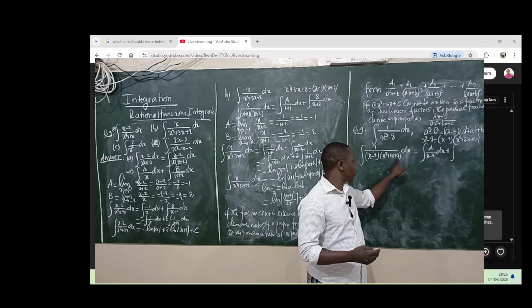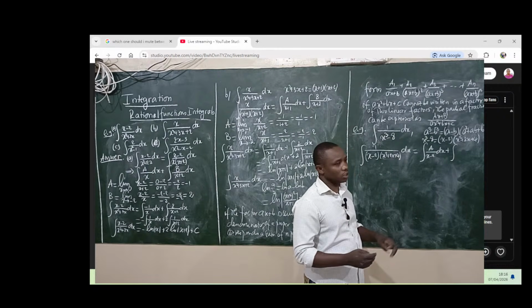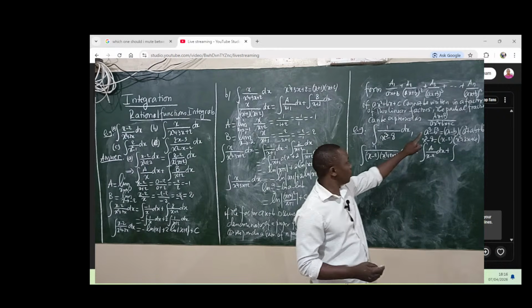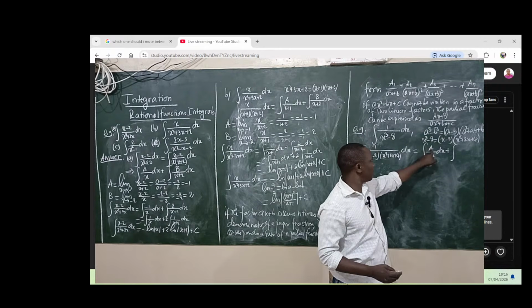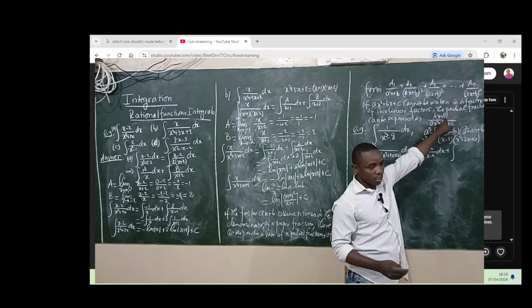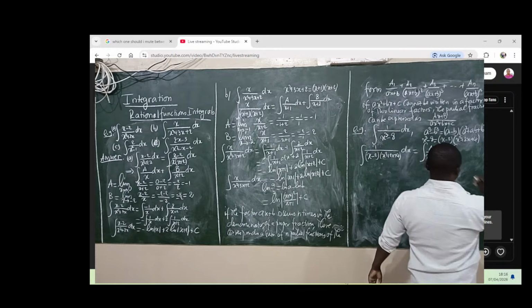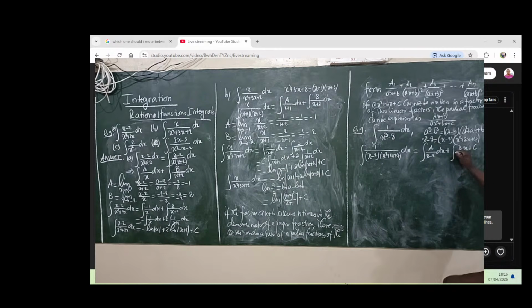In this case, we need to take it like this. Because here we have A, we need to start from B. Here is bx plus c divided by all of this, x squared plus 2x plus 4, dx. Okay.